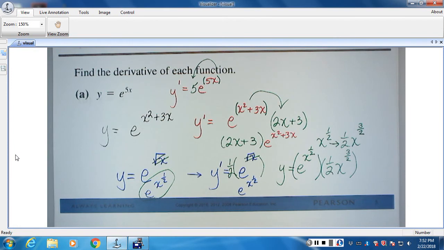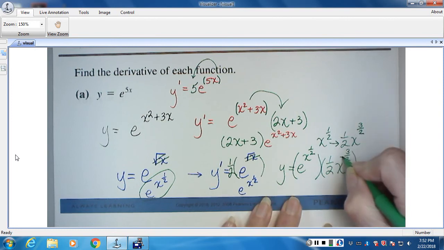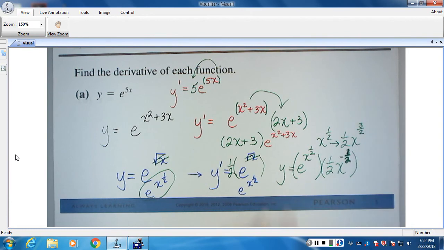I'm sorry, not 3/2. It's 1/2 minus 1. It's minus 1/2. Sorry. Because I subtracted 1 from it. I didn't add 1 to it.